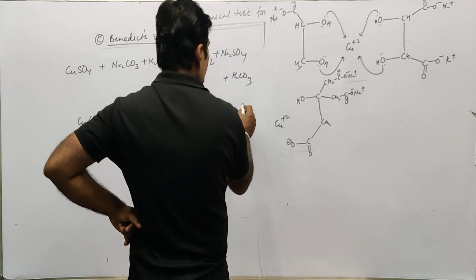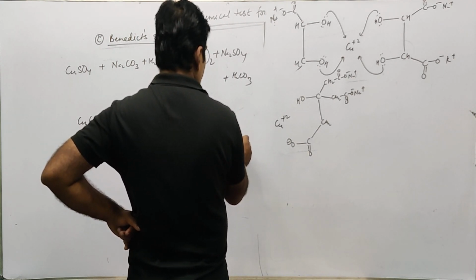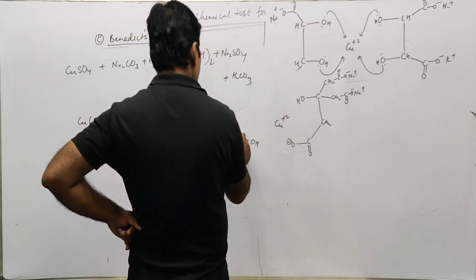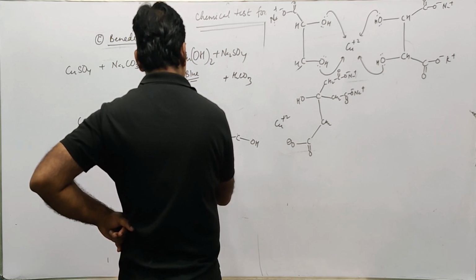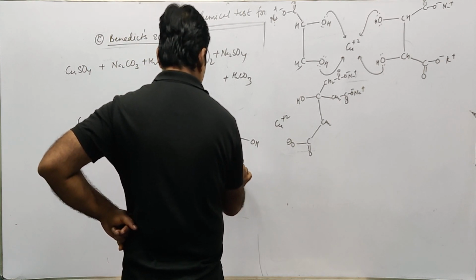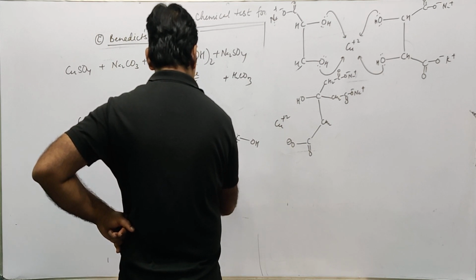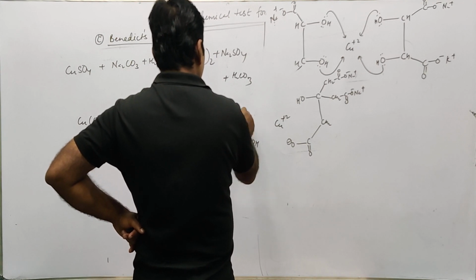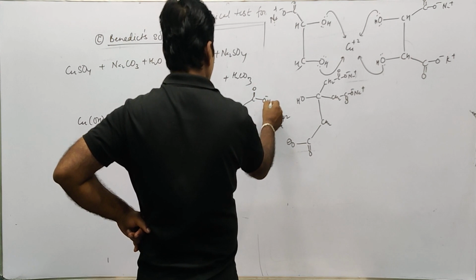Similarly, over here COH, and at this place CH2 C double bond O minus Na plus. And now this carbon is attached with CH2 C double bond O minus Na plus.